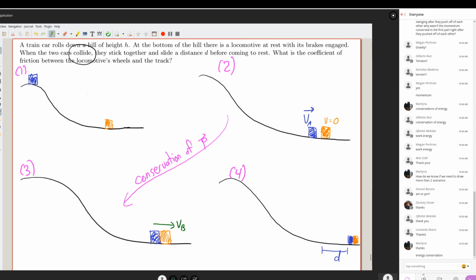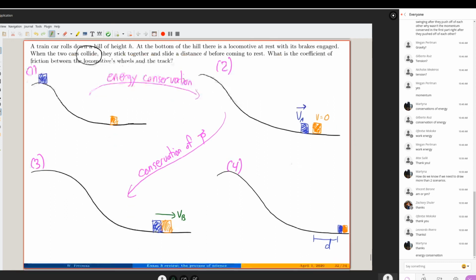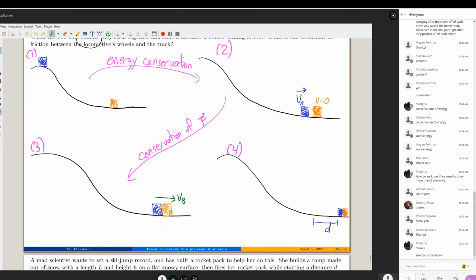That's energy conservation, exactly. And what about from picture 3 to picture 4? Again, work energy, which is the same idea. So Martina, does that help answer your question?